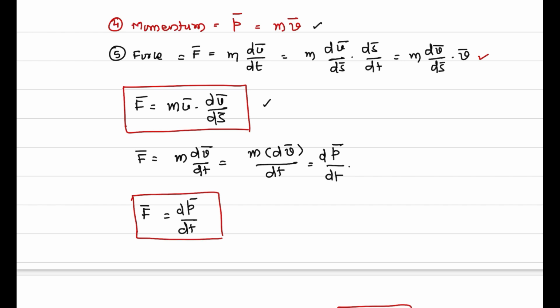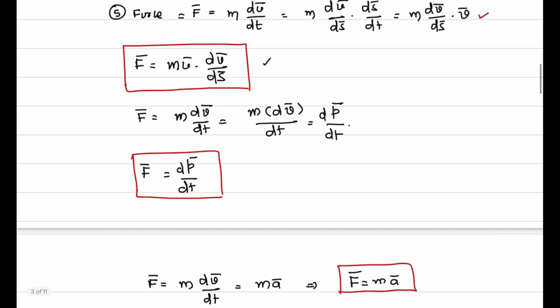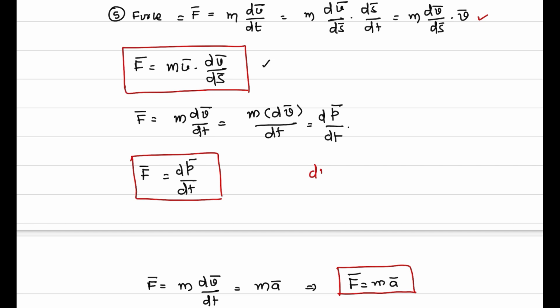Force is equal to m into acceleration. dv by dt is nothing but d square s by dt square. What is dv by dt? dv by dt is equal to d square r by dt square. This also you keep in mind.